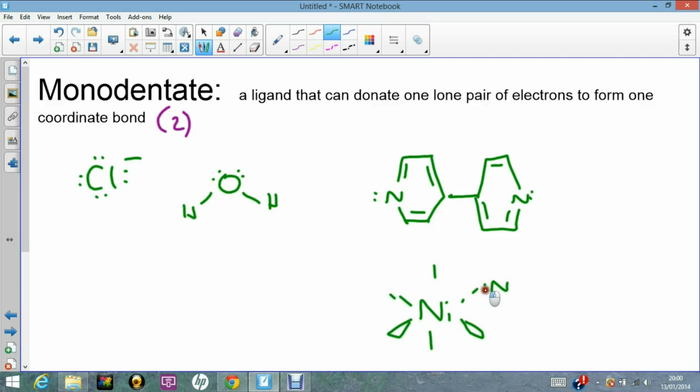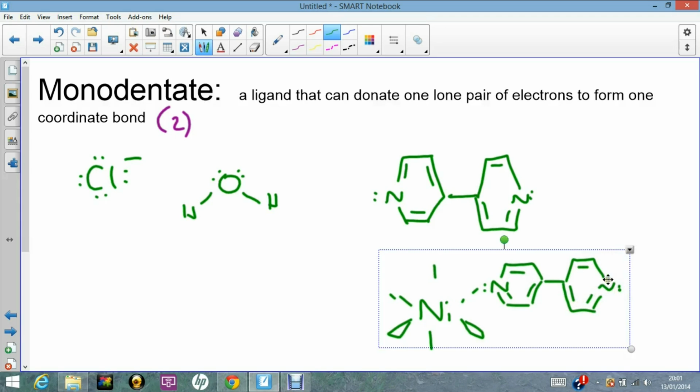If we put one of those nitrogens on here, we can hopefully see that the geometry of this molecule will not allow it to bend itself round to form another bond over here. So due to the geometry of the molecule, when it's with one transition metal ion, it can only behave as a monodentate ligand. However, we could class it as bidentate. It could form bonds to 2 different metal ions, and we'll look at that a little bit later in this video.